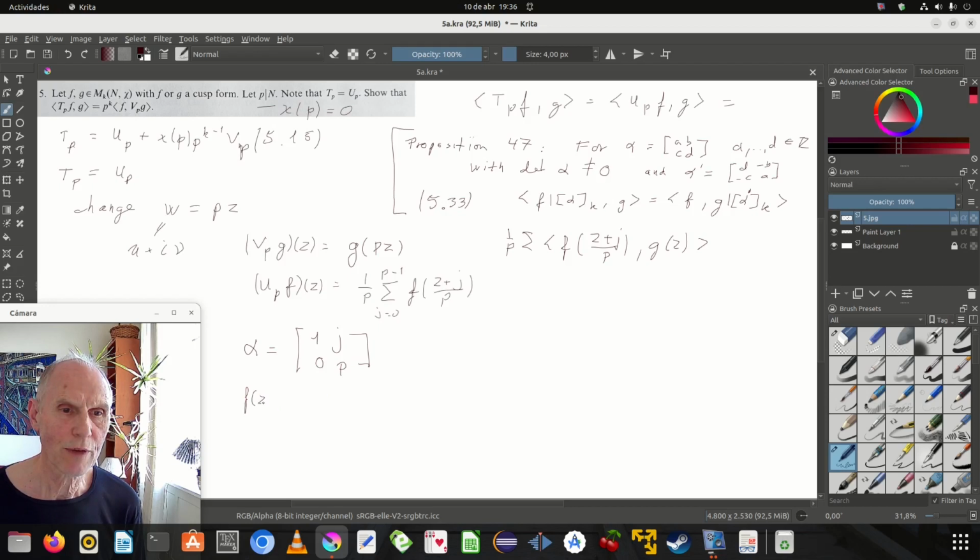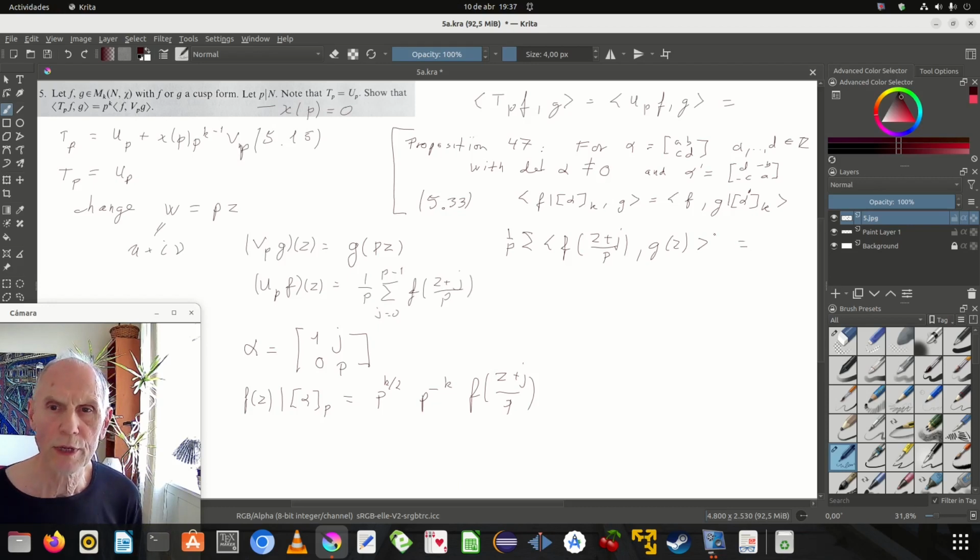So this way we have f of z, the determinant is p, and d is p, so it's p to the minus k, f of (z plus j) divided by p.